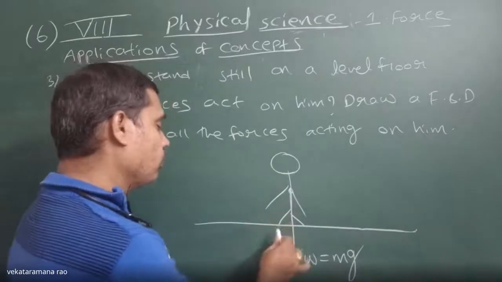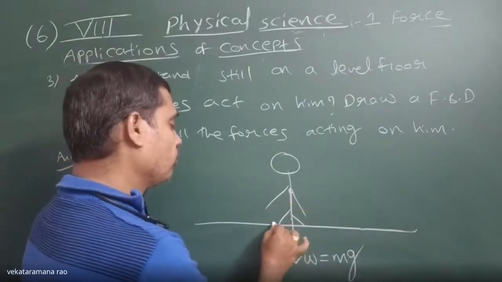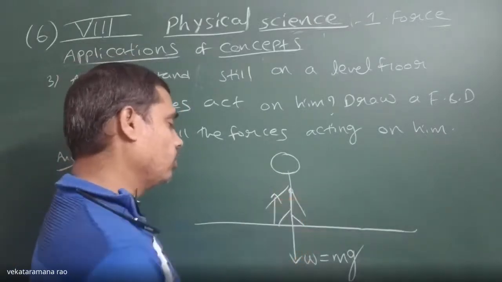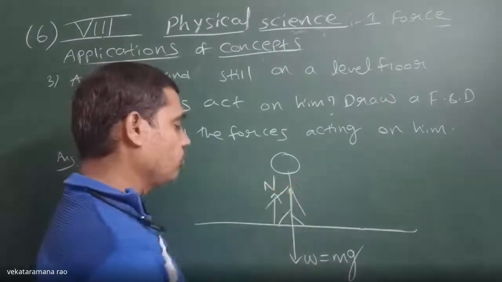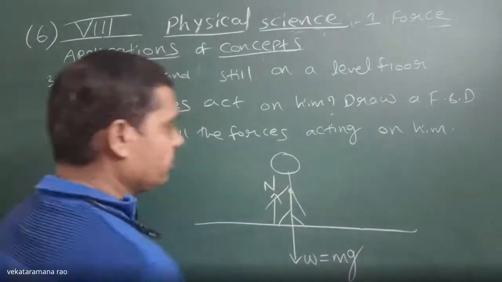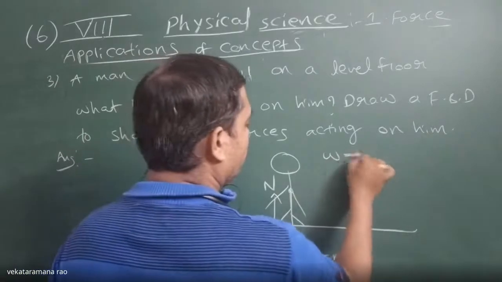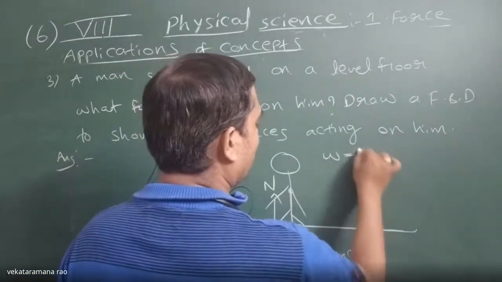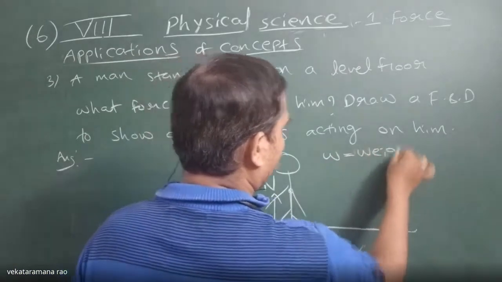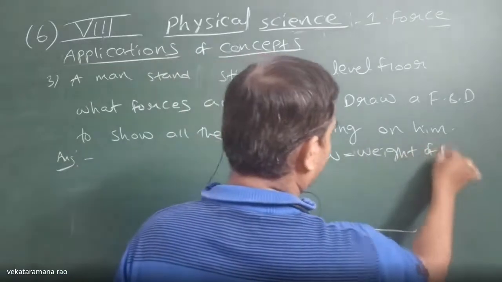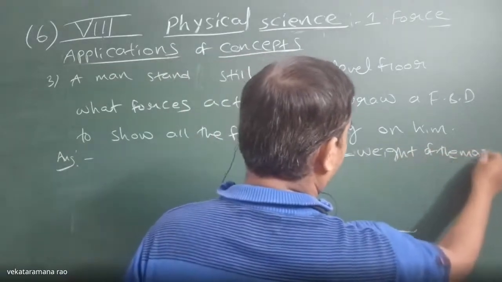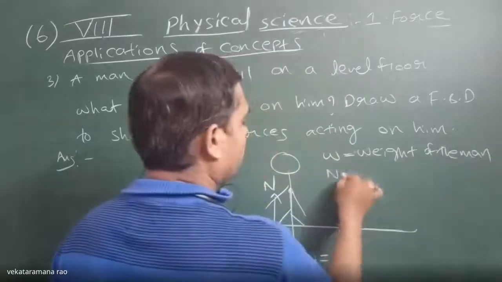Then from the floor, one force will act vertically upwards. This is known as the normal force. So what is this W? Weight of the man. And what is this N?